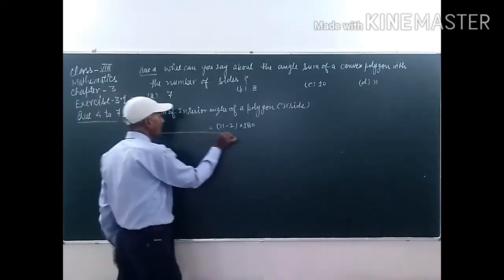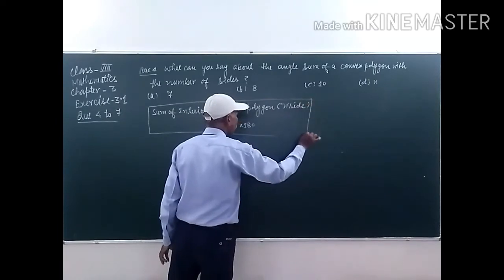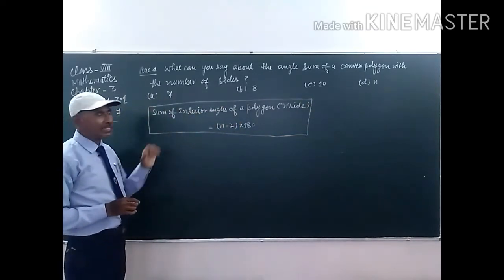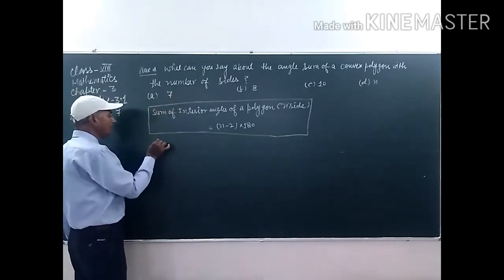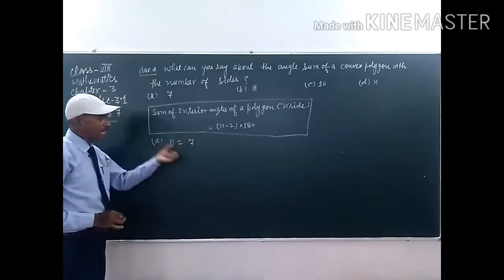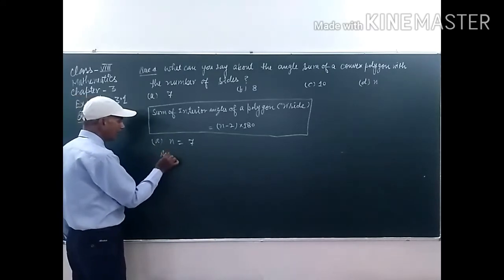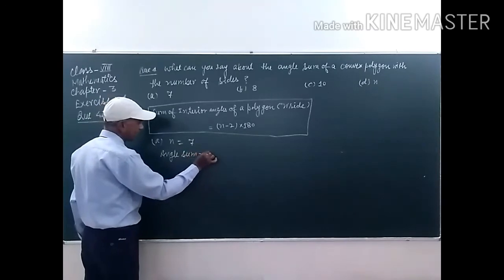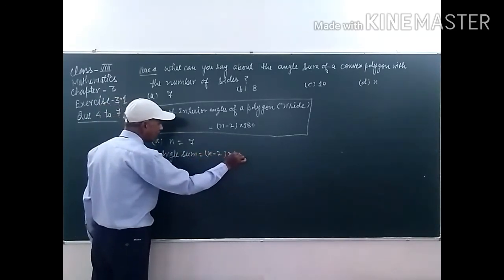So from this formula we have to calculate the total sum of the interior angles of the given sides. So in part A, n is equal to 7 here. The number of sides is equal to 7. So the angle sum is equal to n minus 2 into 180.